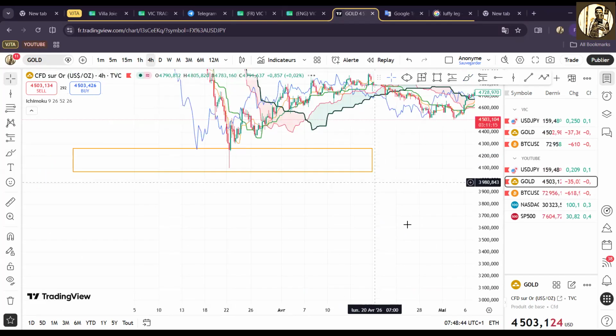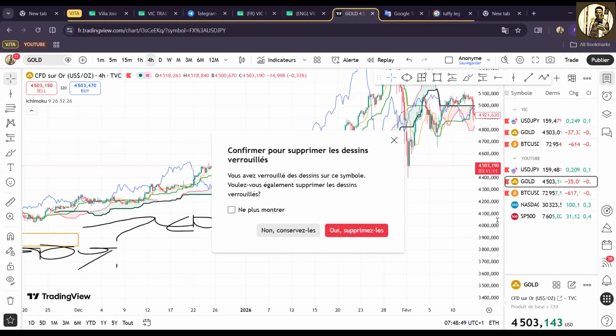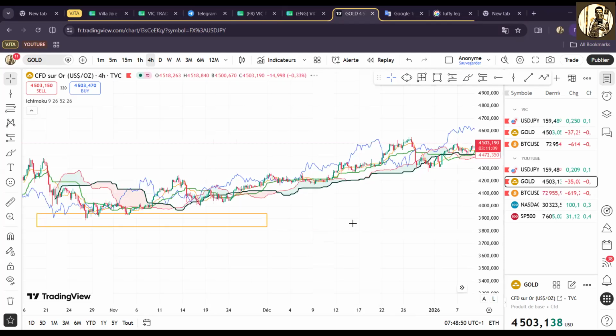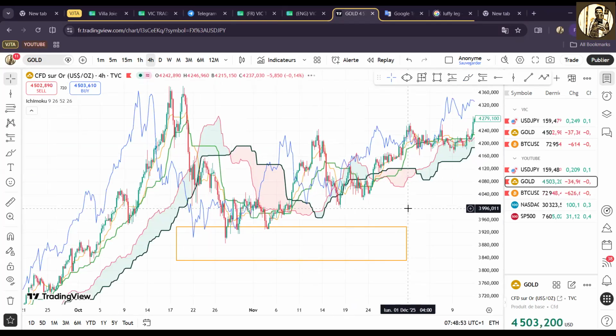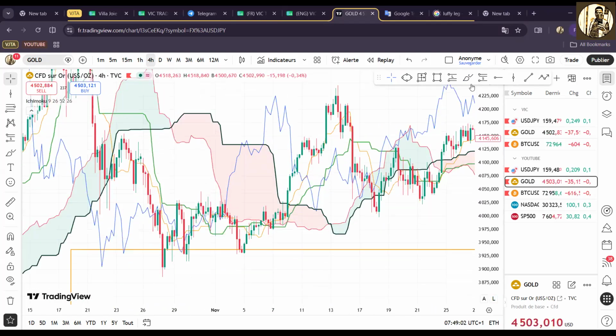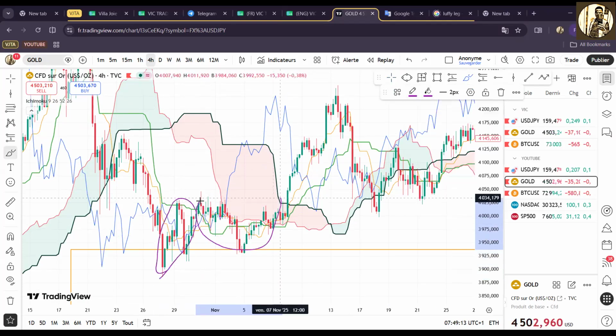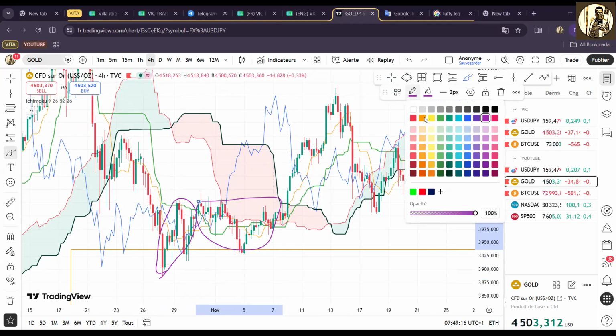So in this case, it's a Tenkan line. Now we have this zone. Now, when you are on H4, you can draw the origin cycle. Then all of this will be the reversal cycle till we touch SSB.